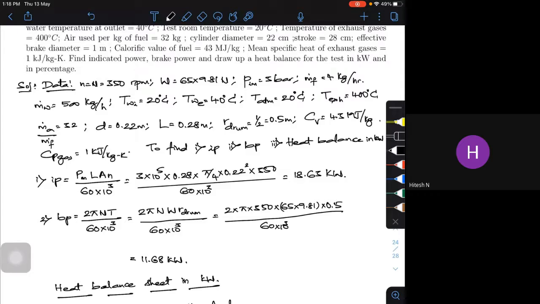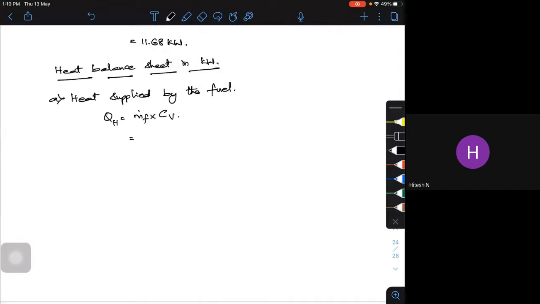Because they are telling that the heat balance sheet should be in kilojoules per second or kilowatts, the mass flow rate has to be in kg per second. So I divide 4 by 60 into 60, that is 3600, into 43 megajoules.